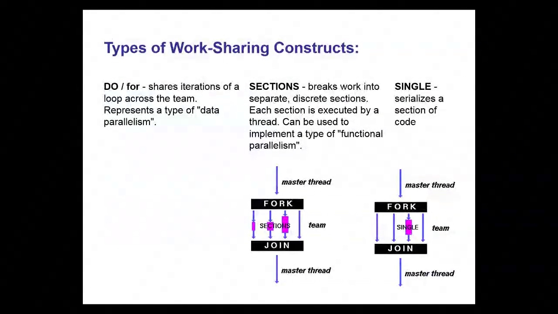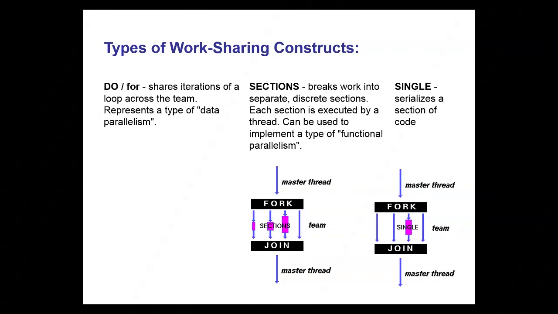So when we talk about work sharing, normally we talk about the parallel loop, and that certainly is the big part. It actually has some other things, and in terms of definition, the other one is called sections. Sections will break work into separate sections, and each section can be executed by one thread.